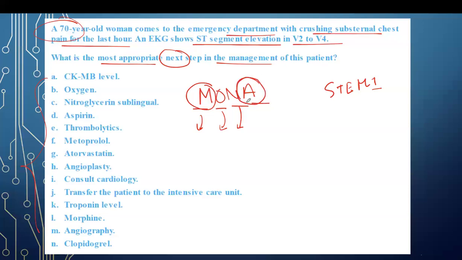Now, among morphine, oxygen, nitroglycerin and aspirin, aspirin is the most important thing to do, because this is the one which can save a patient's life. Anytime you have a patient with MI, aspirin will be your initial management almost every time. Morphine is a right option, oxygen can be given, nitroglycerin can be given.